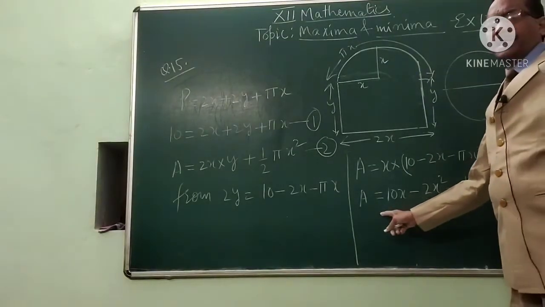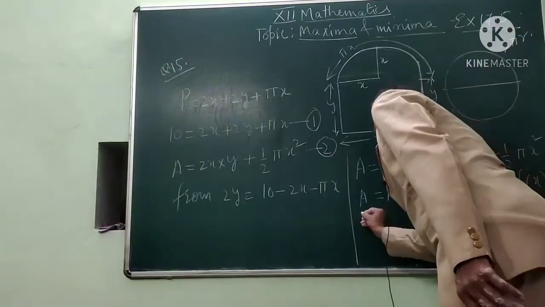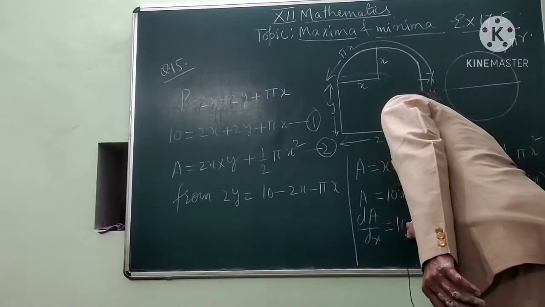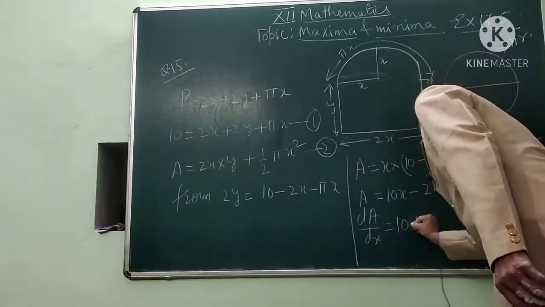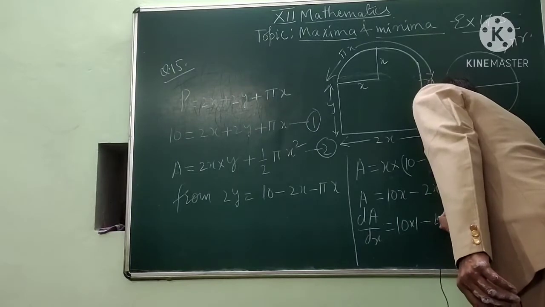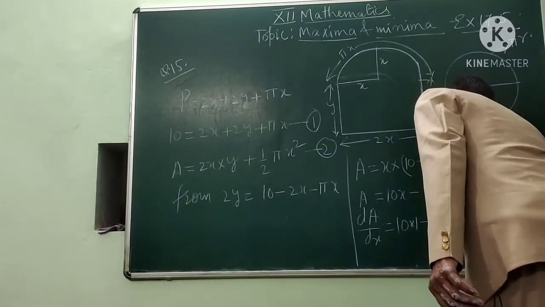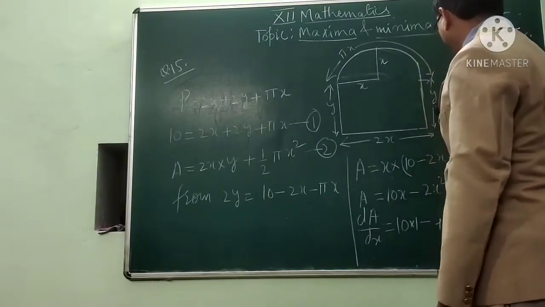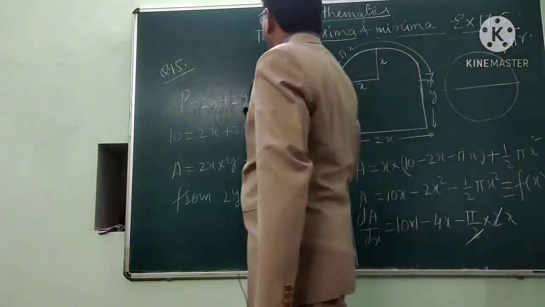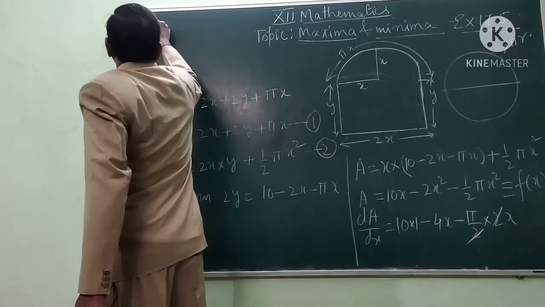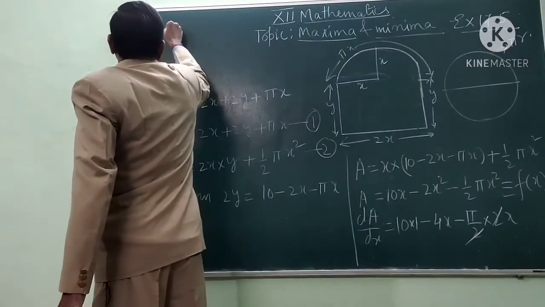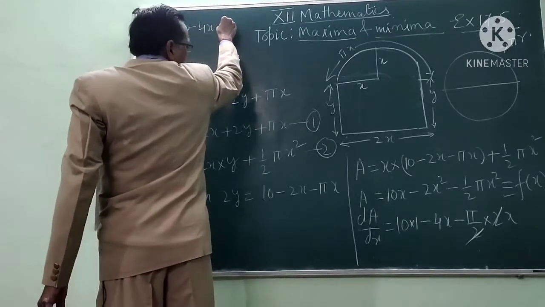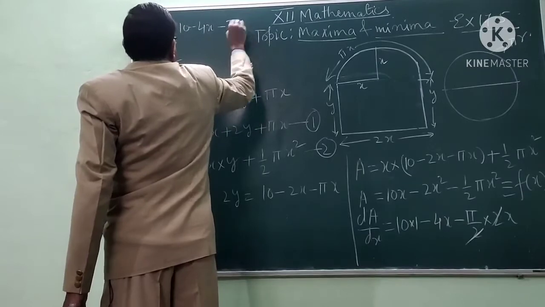Now we will differentiate A with respect to x. So dA over dx: 10 is constant, derivative of x is 1, minus 4x minus pi by 2 into 2x. The 2 cancels out. Then dA over dx is equal to 10 minus 4x minus pi x.